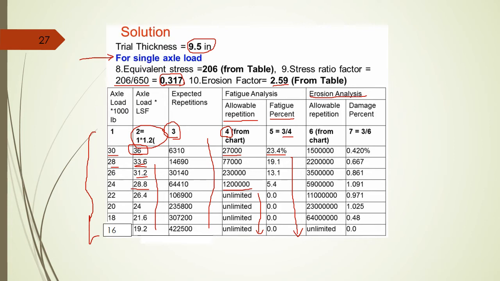Our aim at the end is to obtain the allowable repetitions in order to obtain the damage percent. The allowable repetitions are obtained using the erosion factor and the axle load multiplied by load safety factor. Damage percent for erosion is equal to column 3 divided by column 6, expected repetitions divided by allowable repetitions for erosion.